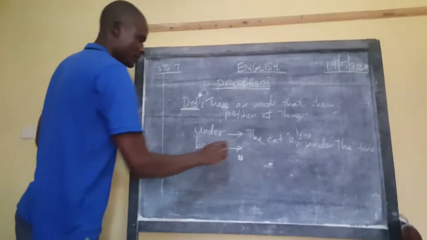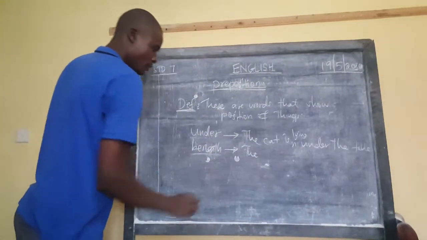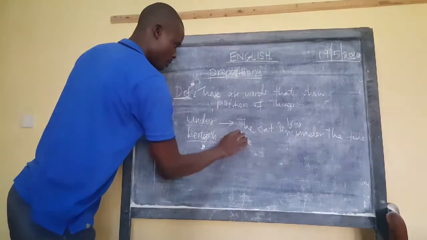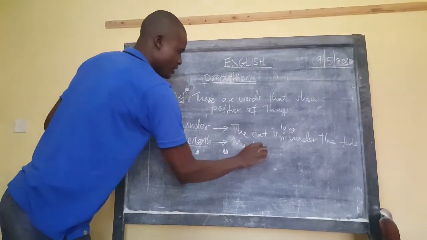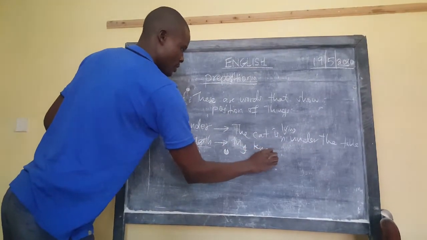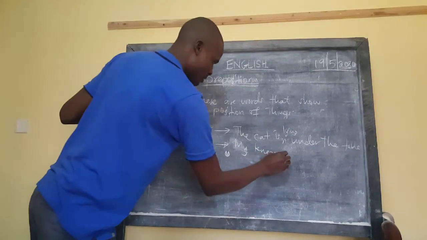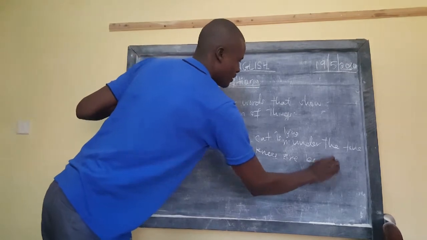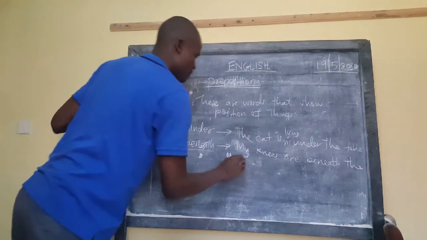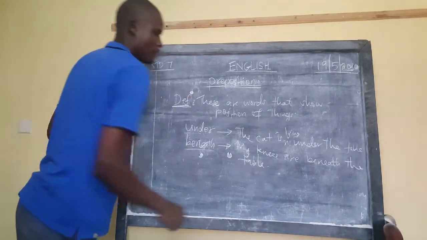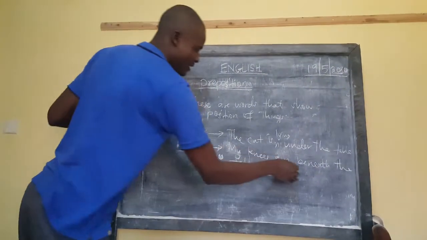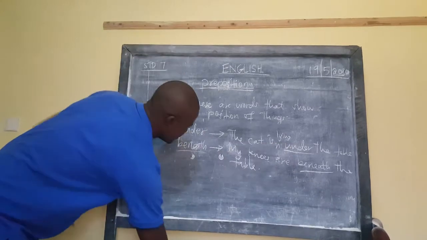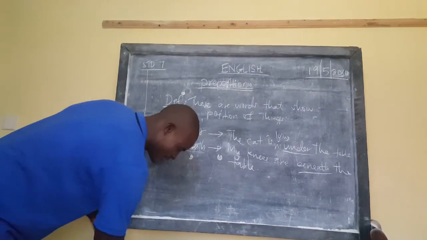And then my knees are beneath the table. That is just an example. So much for that. We go to our next thing.